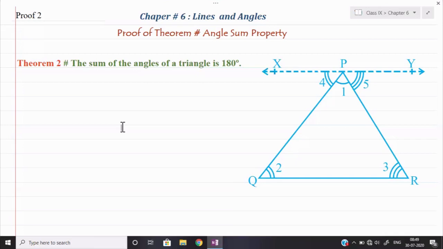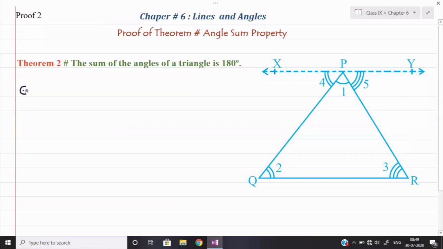One construction we have done in the question already along with the figure. You are looking at one line XY. The line XY I have drawn through the point P, which is parallel to the line QR. Okay, so XY and QR are parallel. This is a part of the construction. You also draw the line XY in dotted form. Okay, so first we shall write down the given things.